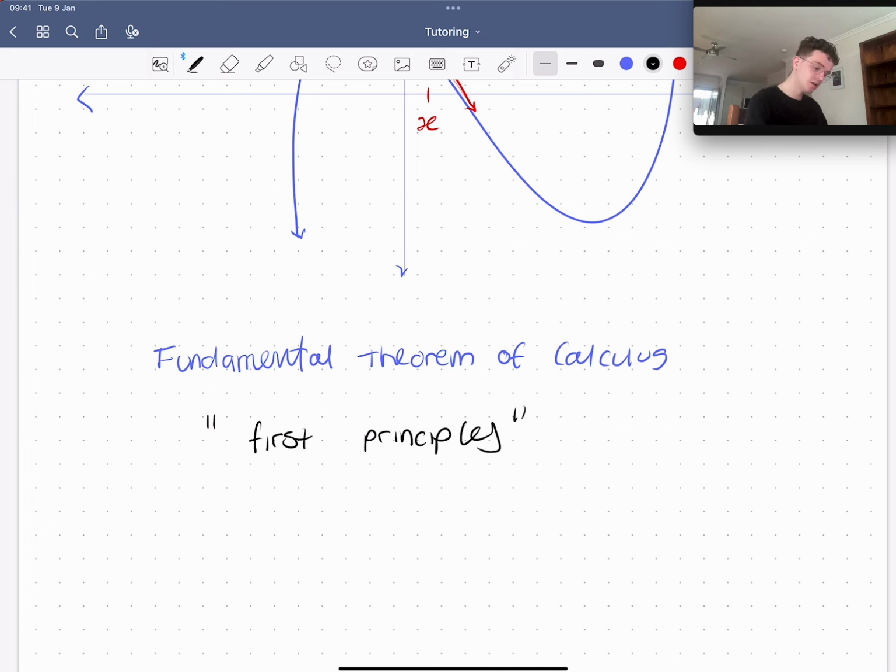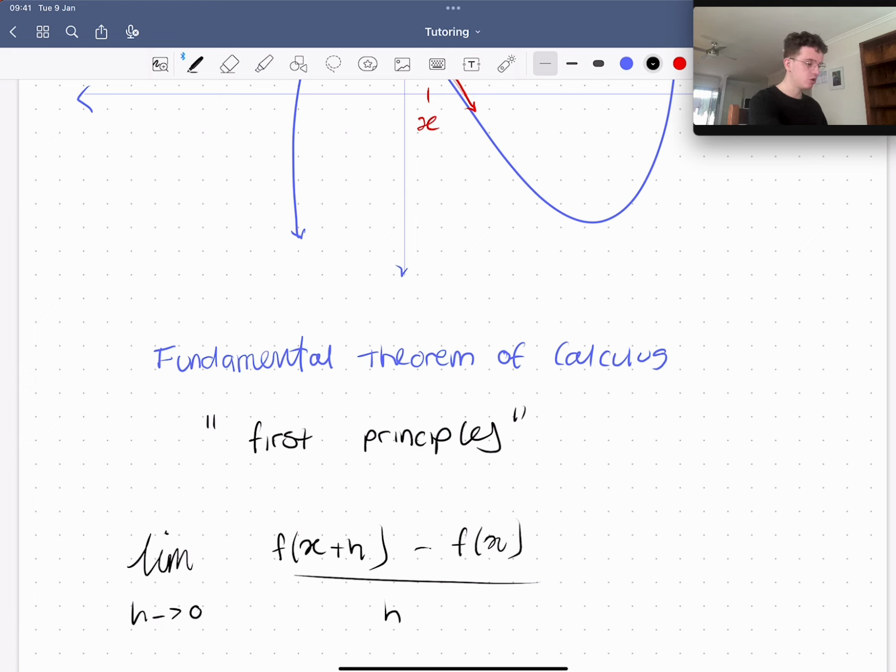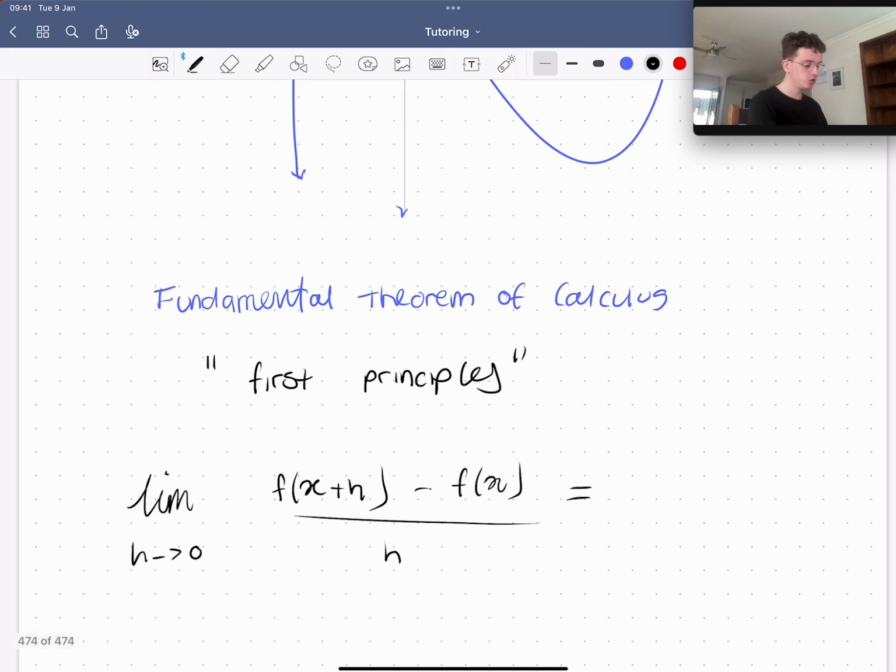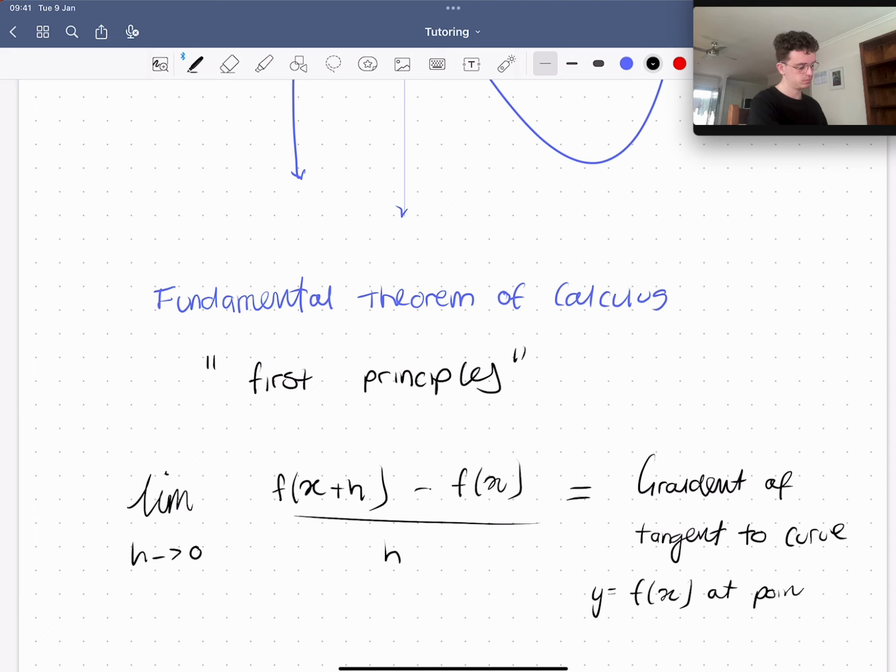And it states that the limit as h approaches 0 of f of x plus h minus f of x on h, there's no equal sign here, importantly, our equal sign goes here, is equal to the gradient of the tangent to the curve, y equals f of x, at point x.